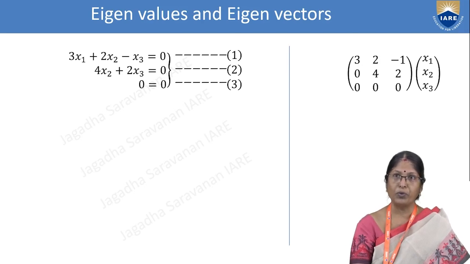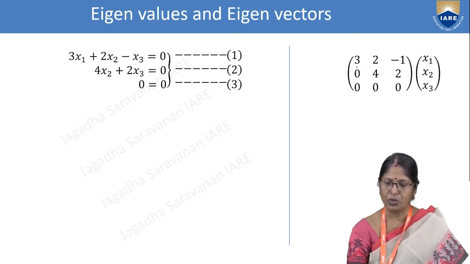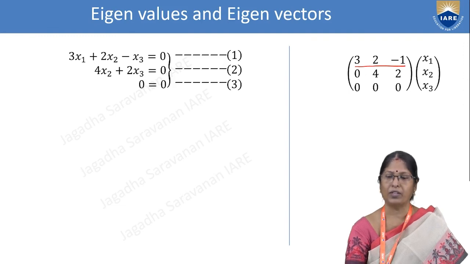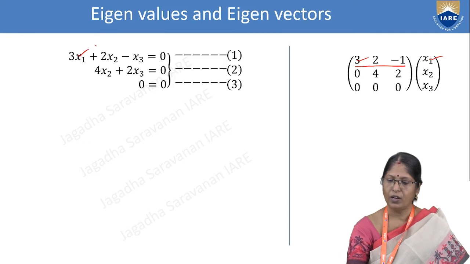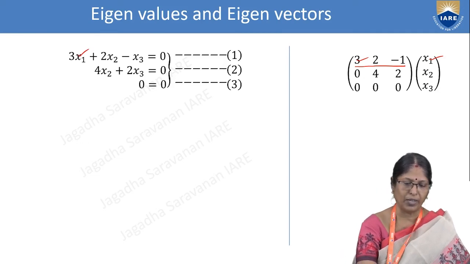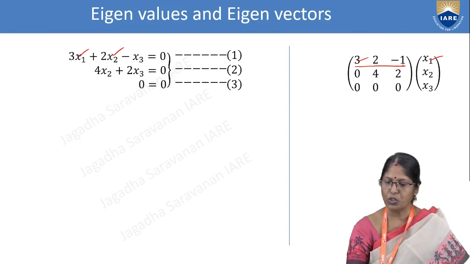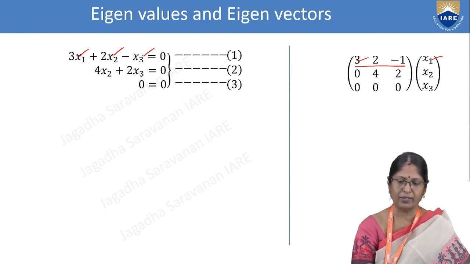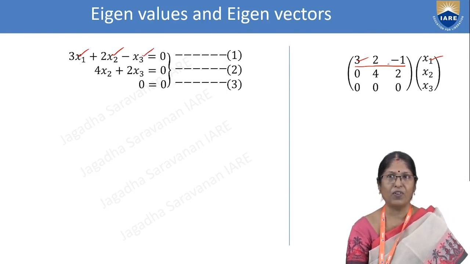Then we do the multiplication as usual, very simple. The first row: 3 into x1, 2 into x2, minus 1 into x3, minus x3. So we completed the first row.